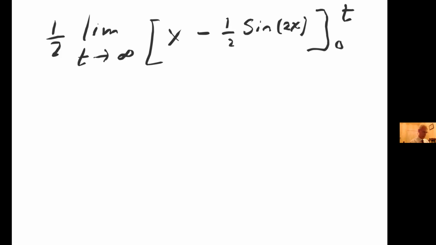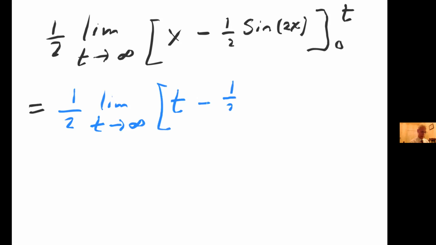So this is 1/2 limit as t is approaching infinity. When I plug in t, I get t minus 1/2 sine of 2t, minus, when I plug in 0, everything becomes 0 in here.